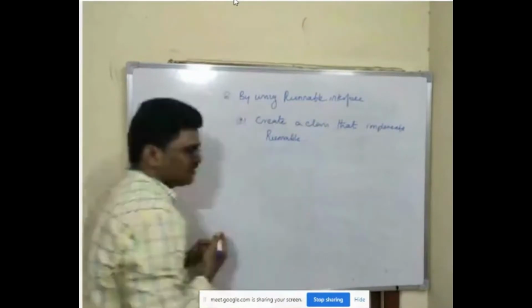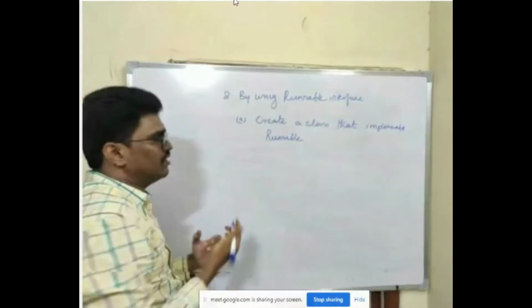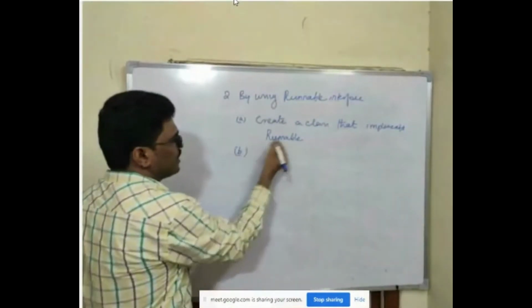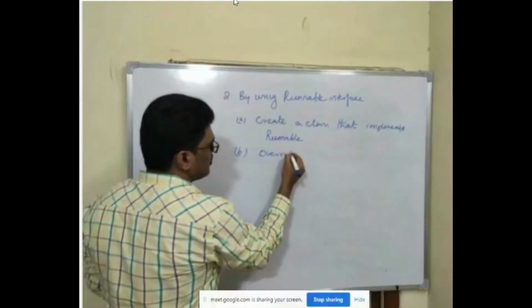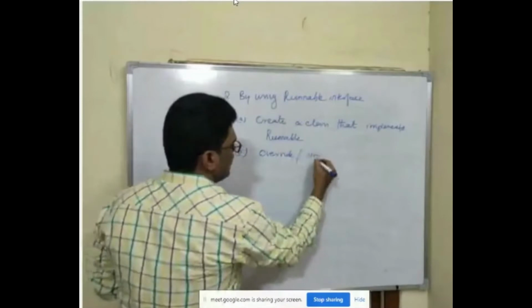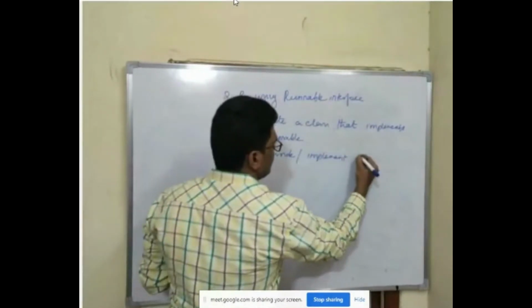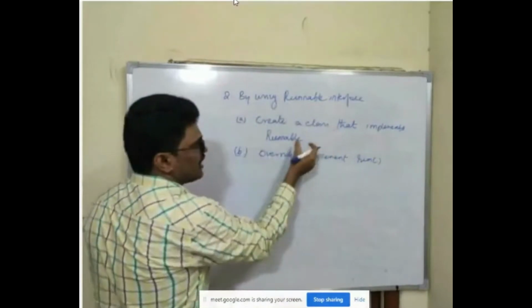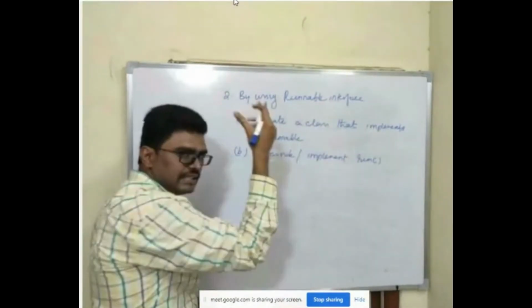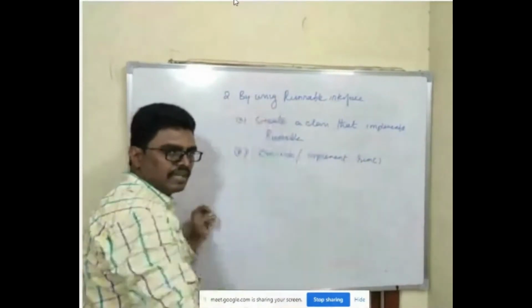As usual, you have to override, or we'll call it implement, the run method. Since your class is implementing an interface, it should implement the methods in it. What method does the Runnable interface have? Only the run method, only one method.